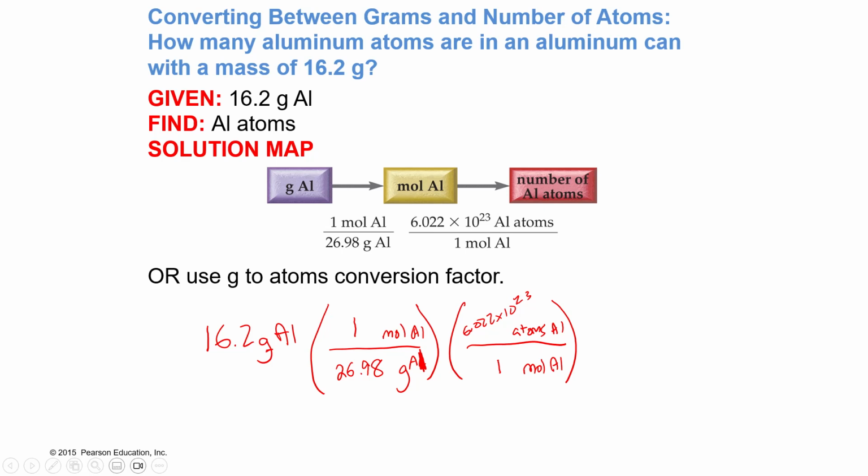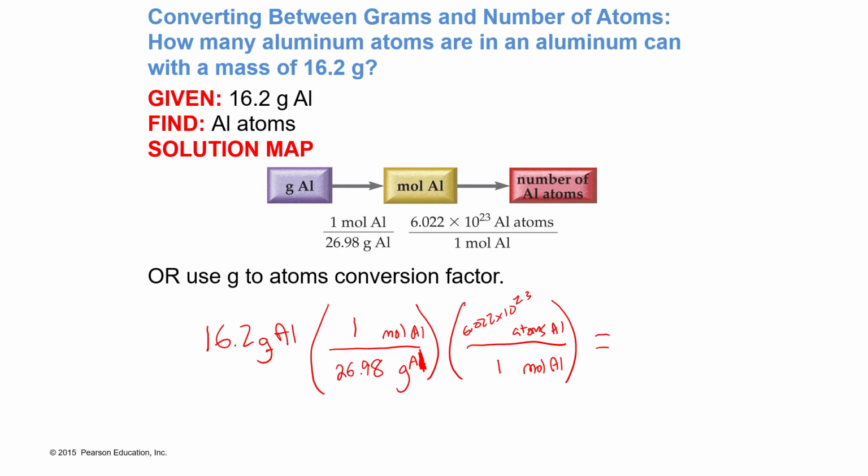We do not want to round in between steps. So what we're going to do is multiply the entire top and divide by the entire bottom. So it's 16.2 times 1 times 6.022 times 10 to the 23rd divided by 26.98 times 1.